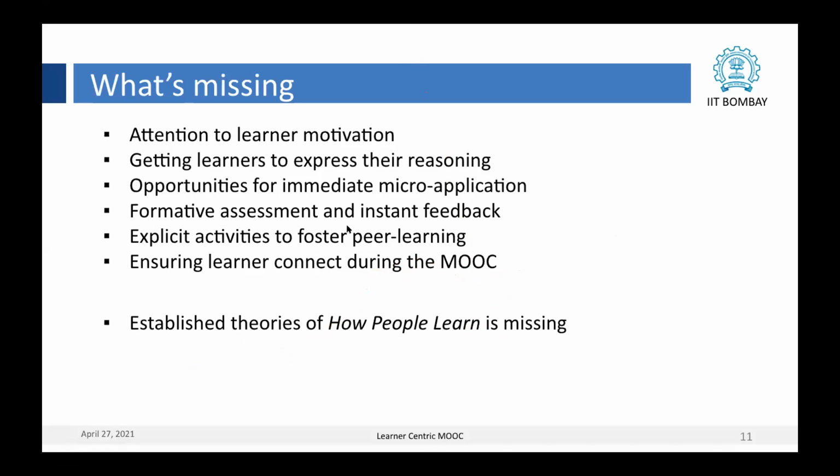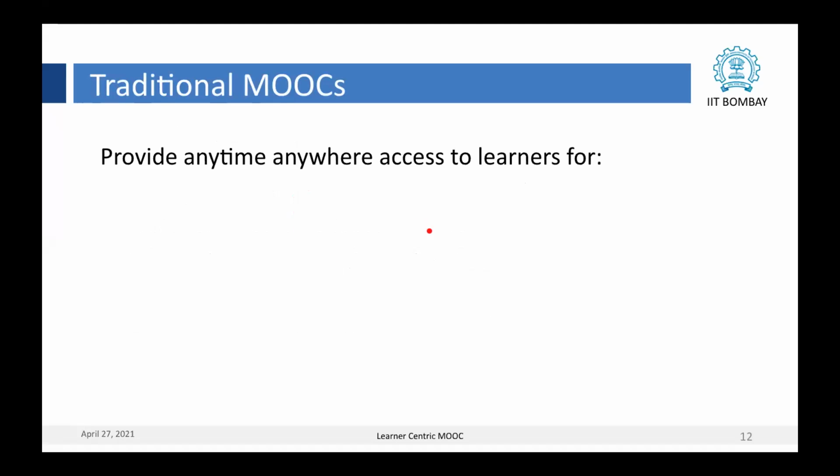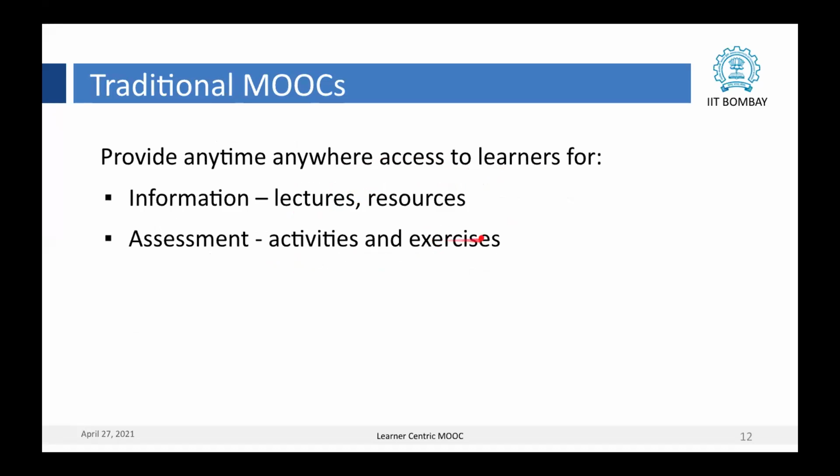So what traditional MOOCs are doing, like what we have seen, is that traditional MOOCs can provide you anytime, anywhere access to information in the form of lecture resources, then assessments with activities and exercises, then discussion forums with peers and instructors.